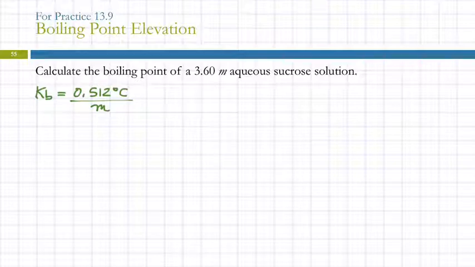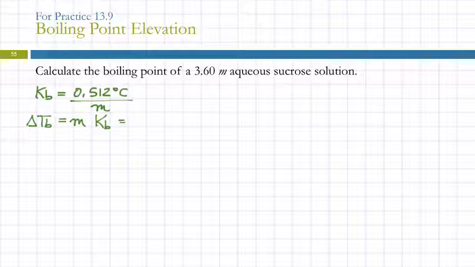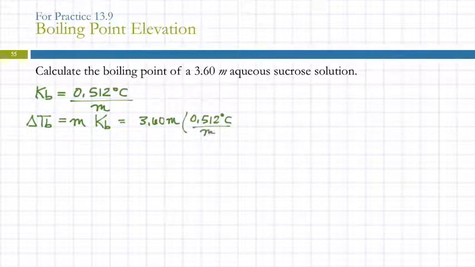That's how I got through physics. Okay, so the change in the boiling point is the molality times the boiling point elevation constant. So here our molality is 3.60 molal and 0.512 degrees Celsius per molal.